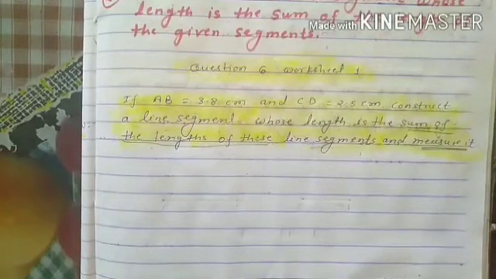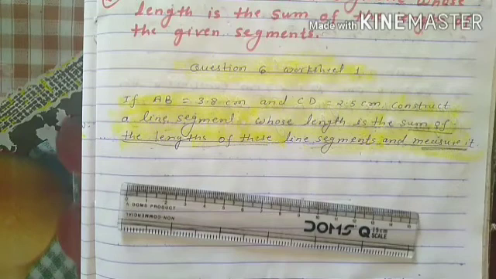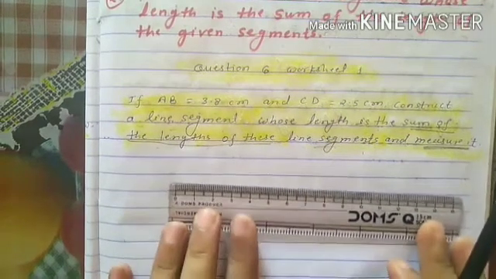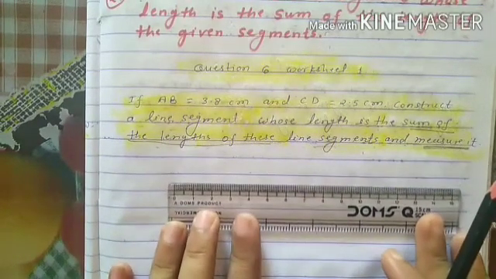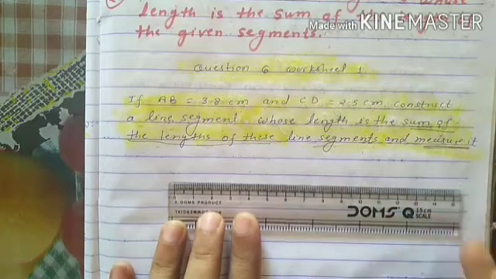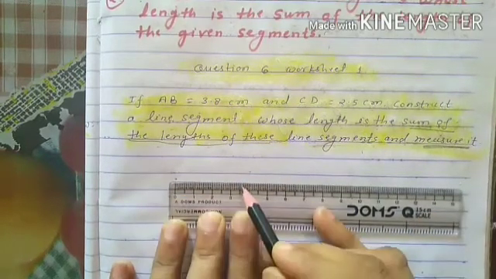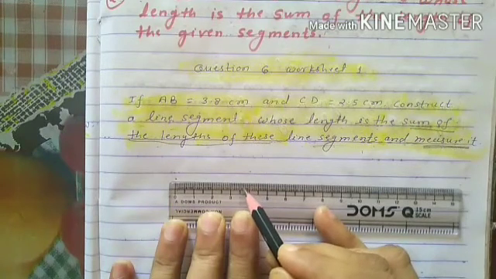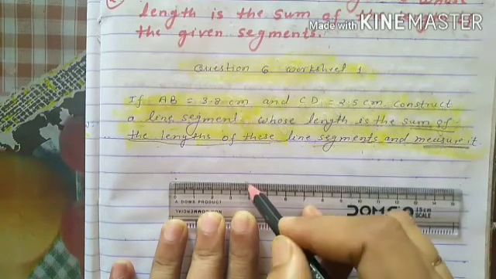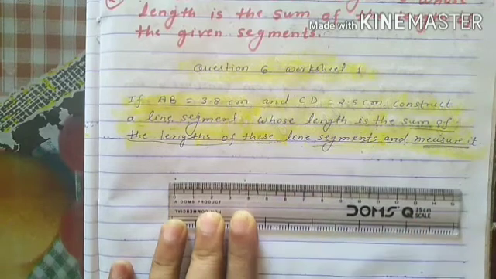Let us construct this line segment. Take a ruler and construct line segment AB equal to 3.8 centimeter. So 3 to 3.5, 3.6, 3.7, 3.8 centimeter.